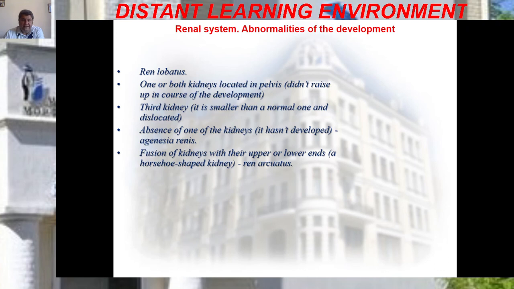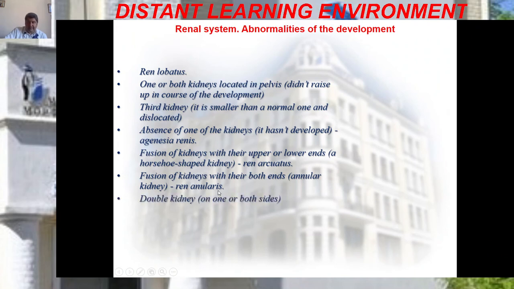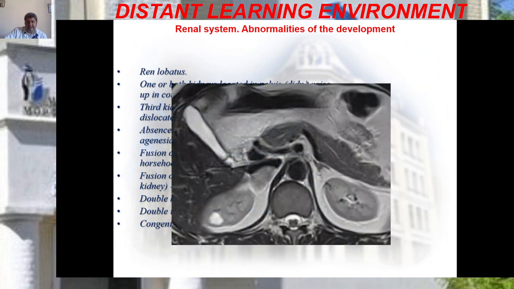Fusion of kidneys: horseshoe-shaped kidney or ren arcuatus. Next, fusion of kidneys with two poles, superior and inferior poles. This is annular kidney, double kidney, double ureter, polycystic kidney.